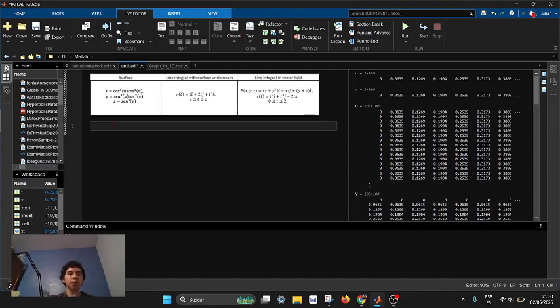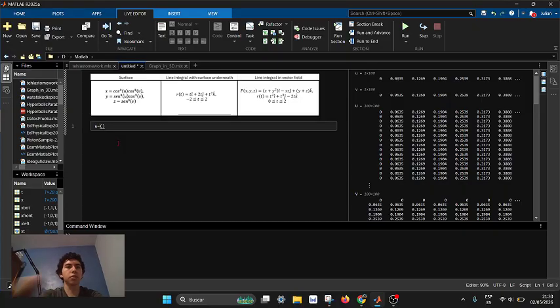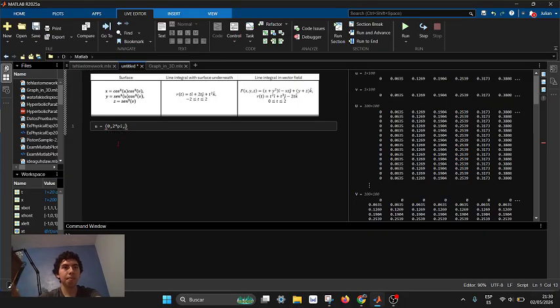So what we're going to want to do first is make an array of u, which is equal to linspace from 0 to 2 pi, because it looks pretty if I do 2 pi, comma, let's do 20.